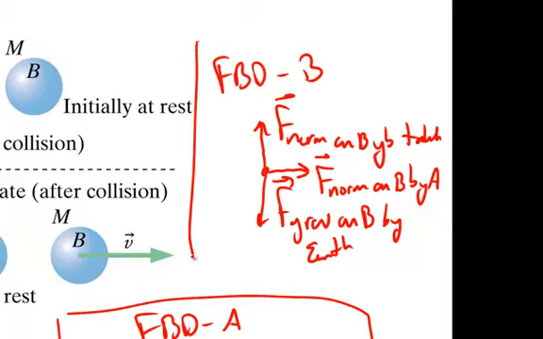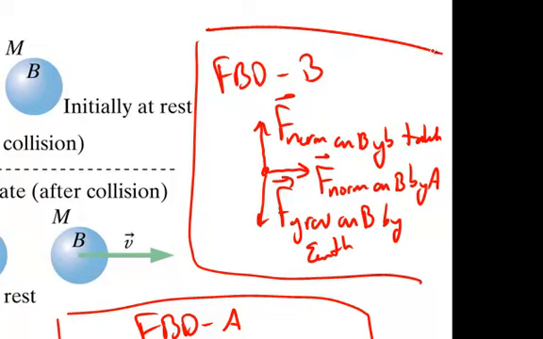So to find all of the forces acting on the system, what we need to do is essentially combine these two free body diagrams. And so when we add these two free body diagrams together, you can see that this force here, the normal on B by A and the normal on A by B, those two forces will cancel.